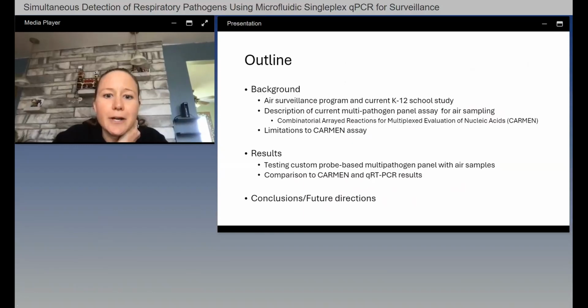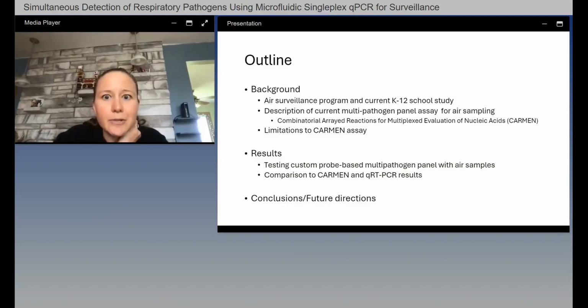To give you an outline of my talk, first I'll give a bit of background about the air surveillance program we have in our current K-12 school study. Then I'll describe the current multi-pathogen panel that we're using for air sampling. It's got quite a long name. For the purposes of this talk, I will be calling it the Carmen assay.